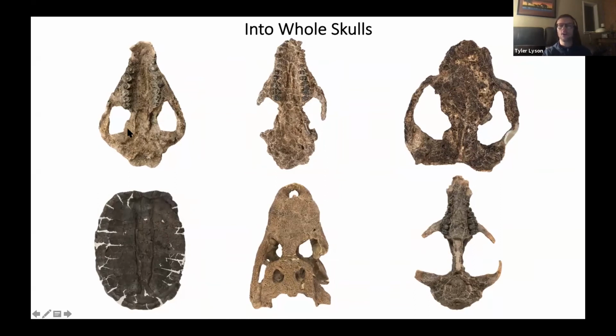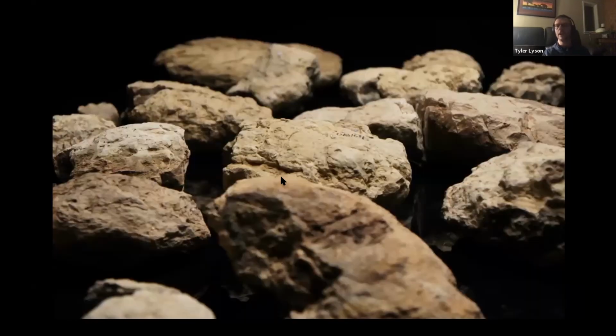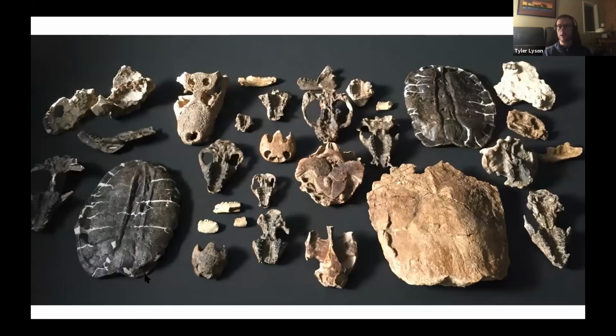So one by one, these sort of, again, ugly, nondescript looking concretions revealed these beautiful fossils inside. Whole mammal skulls, whole turtle shells, whole crocodile skulls. In some cases, we have entire skeletons of these animals from this interval of time. And we've collected hundreds of these concretions since 2016. And we are slowly getting them all prepared. We've really just scratched the surface. And I just love showing this picture. I mean, this is just a small subset of the fossils.